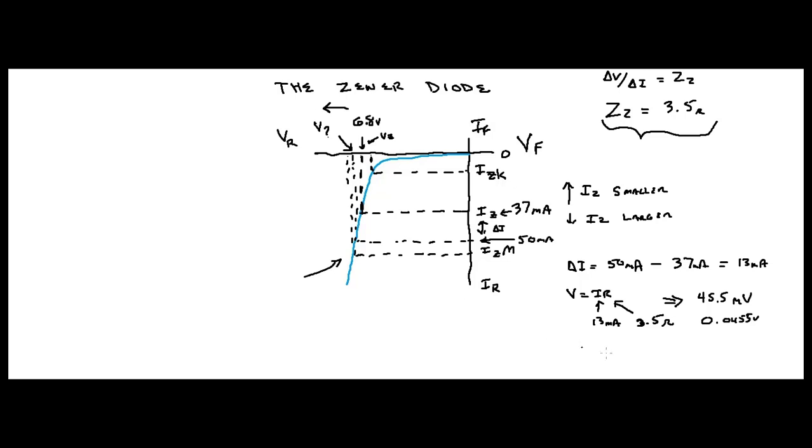So you're going to basically take VZ, which is going to be your 6.8 volts, plus your 0.0455 volts, and that's going to equal 6.845 volts.